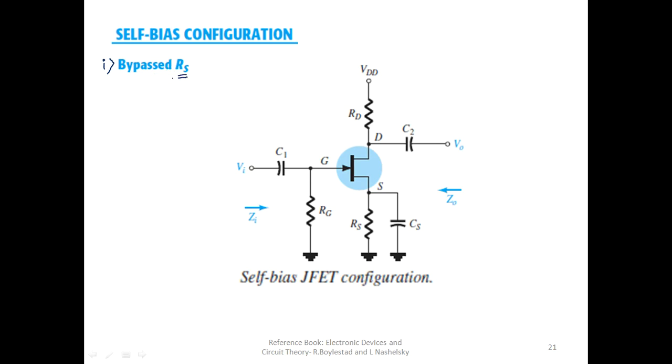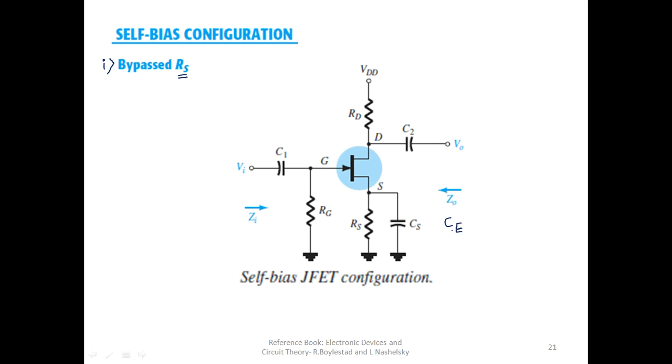So what will happen to the AC equivalent if we bypass RS? And what is RS? RS is the source resistance. In BJT RC coupled amplifier circuits, you must have come across the capacitance CE.